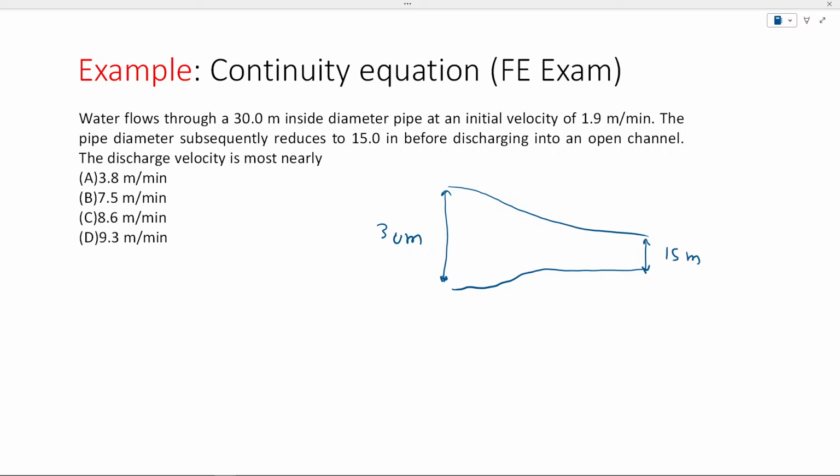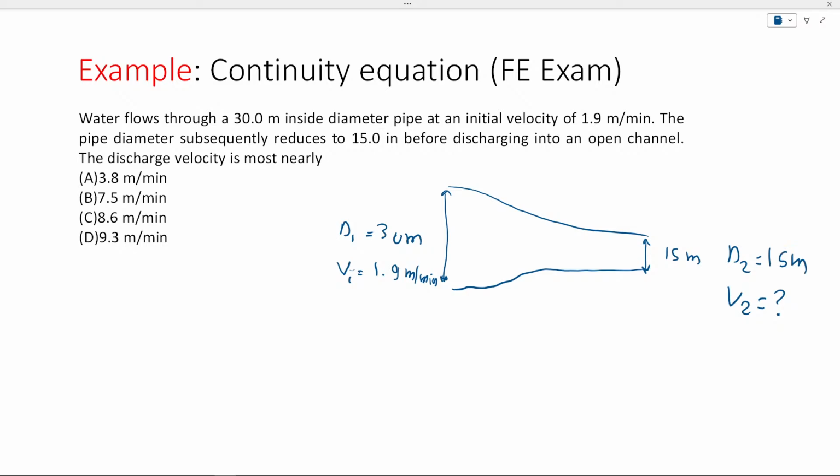The diameter before this change. So V1 is given. This is D1, and V1 is equal to 1.9 meter per minute, and here this is D2, which is 15 meter, and I'm asking what is D1. So that is simple.